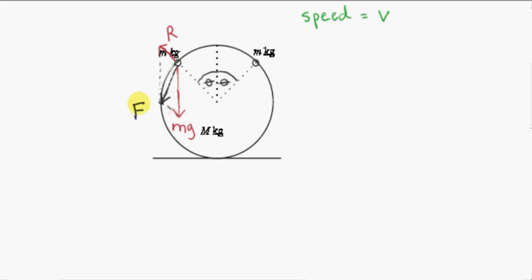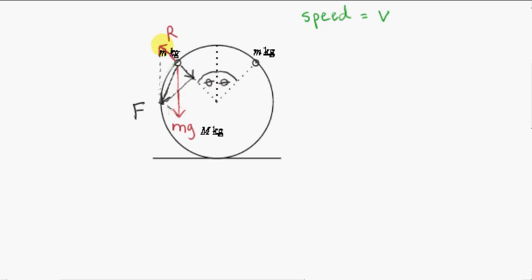Let's look at the resultant force vector on the ring at this instant. Its magnitude is F. Now we explained in previous videos that for an object undergoing non-uniform circular motion, as this one is, the ring starts at rest, so speed is 0 and it speeds up. Anyway, this force has a component that's pointing towards the center of the circle. So if we project the tip of this vector onto this radius line, we'll see that F does have a component that's pointing towards the center.